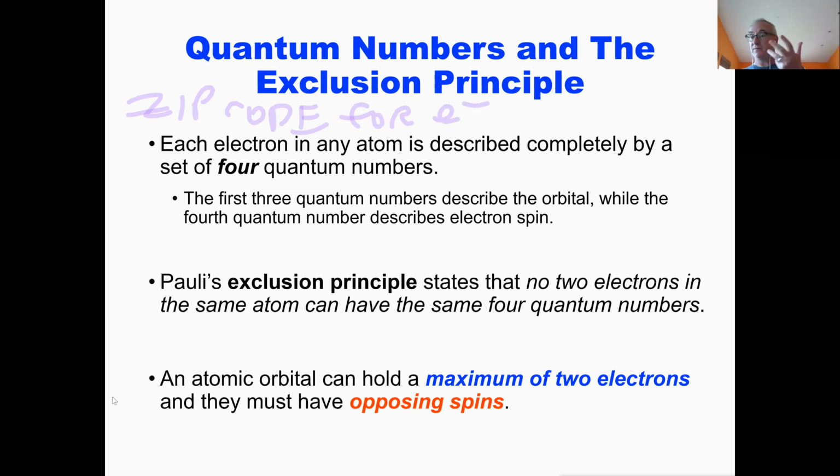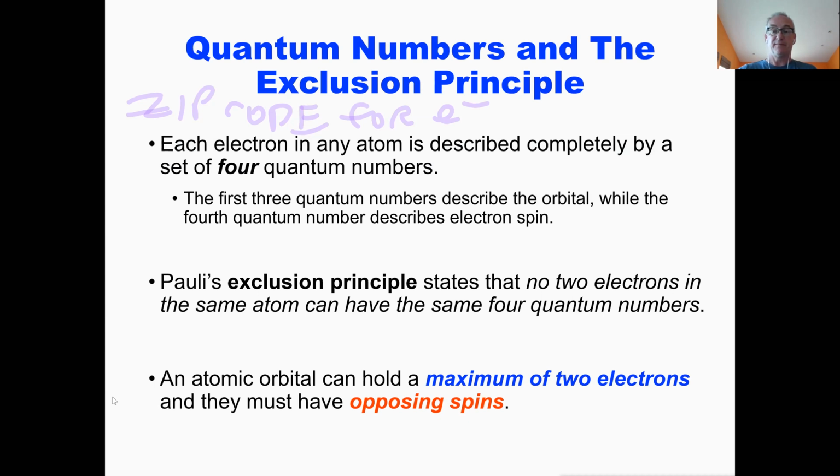Because a zip code basically tells you what neighborhood, and breaks down any neighborhood in the United States. Now these 4 numbers tell you exactly where an electron is. And it's unique for every single electron. So unlike a neighborhood, it tells you exactly what electron we're dealing with.